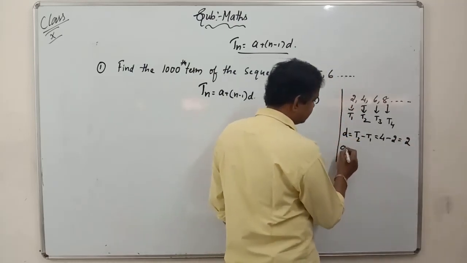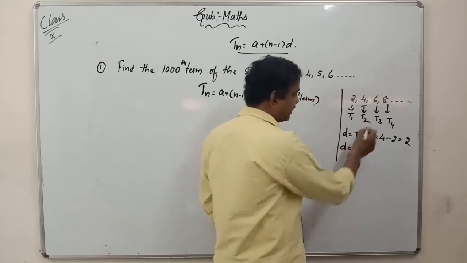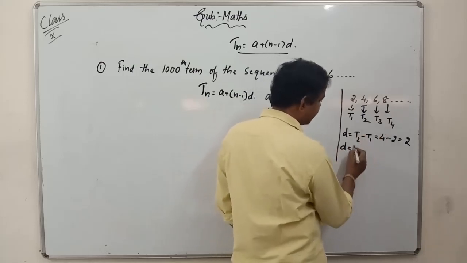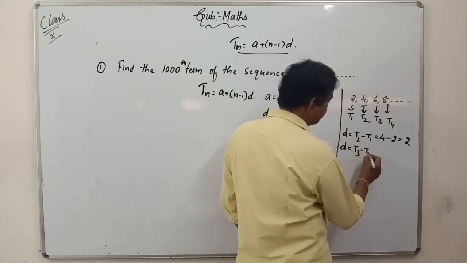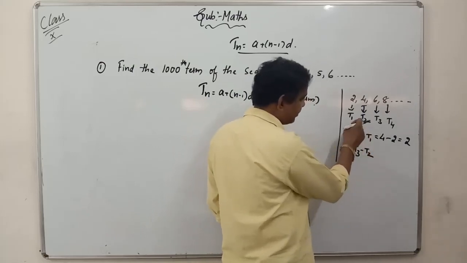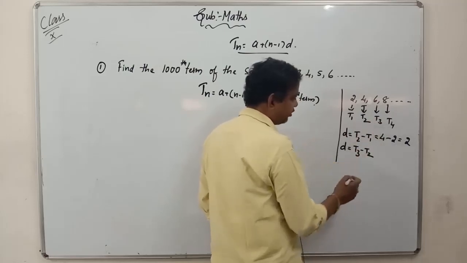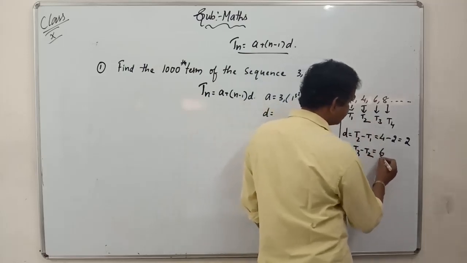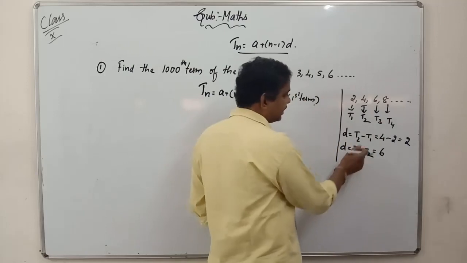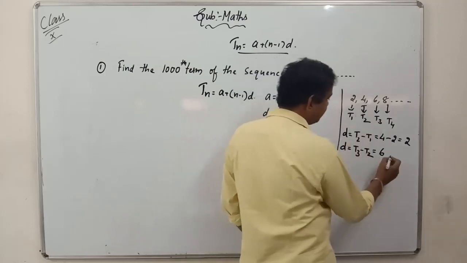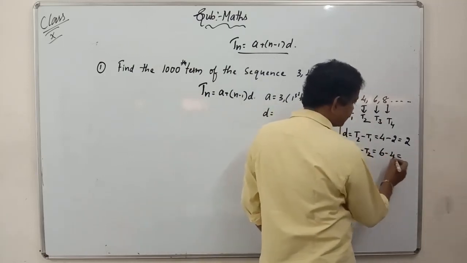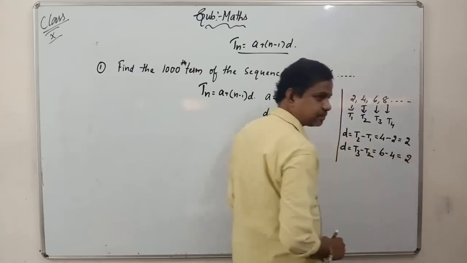Or find d again with the next one: T3 minus T2. First is T2 minus T1, second is T3 minus T2. T3 is 6, T2 is 4, so 6 minus 4 is again 2.